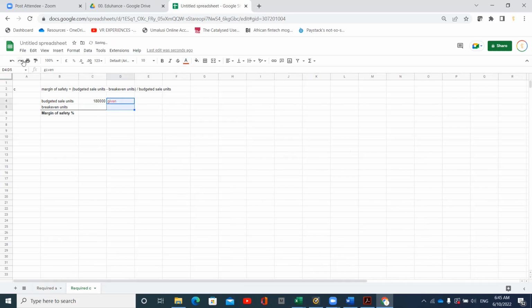Now we're going to have to calculate break-even units. Now what's important for break-even, okay, so we'll come to that now. We'll deal with break-even units. So let's have a look. Working one.